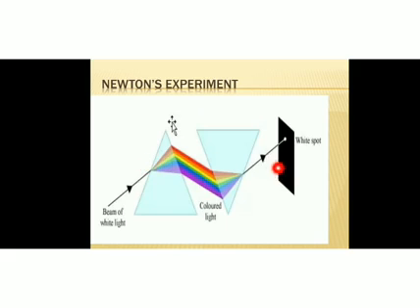He found that a beam of white light emerged from the other side of the second prism. On passing through the second glass prism, all the beams of light recombined to form white light. So this observation gave Isaac Newton the idea that sunlight is made up of 7 colors.